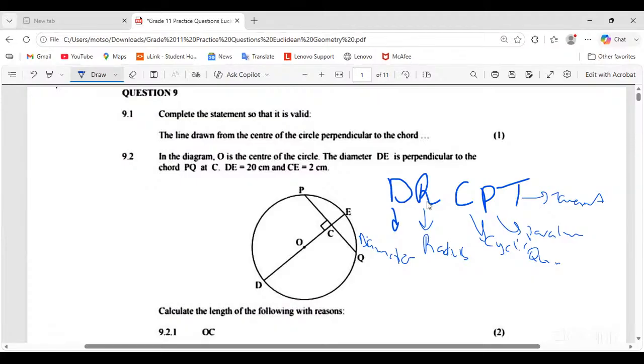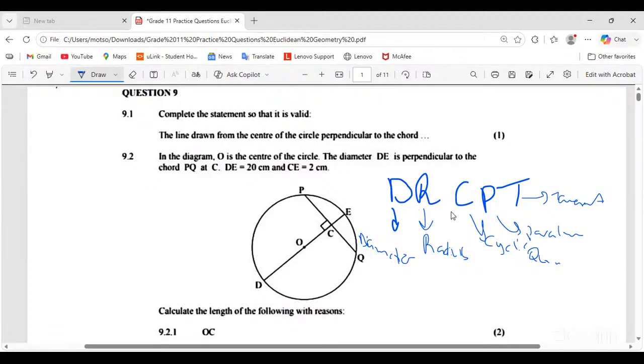You apply everything that you know about the radius. The radius is perpendicular to the tangent, and the radius bisects the chord if it is perpendicular to the chord. Also, radii are always equal in a circle.